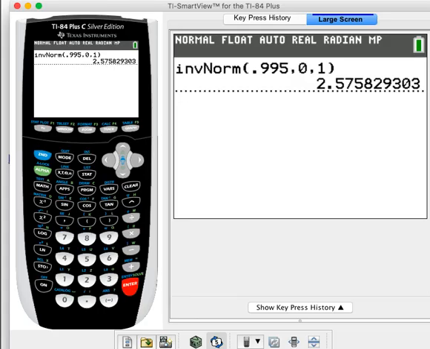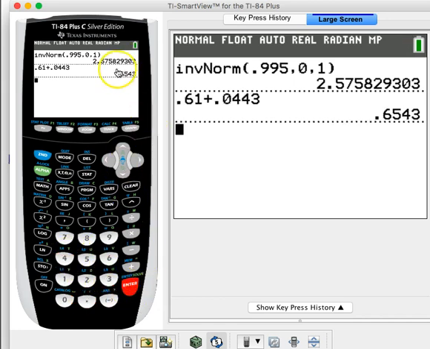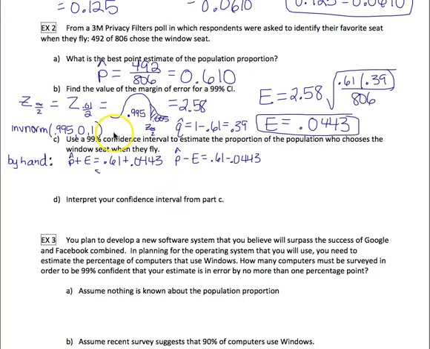So we've got 0.61 and we're going to add 0.0443, and that gives us 0.6543. Typically, because we round, I said we'd round confidence interval limits to 3 decimal places. So in this case, it'd be 0.654 only is what we would use.